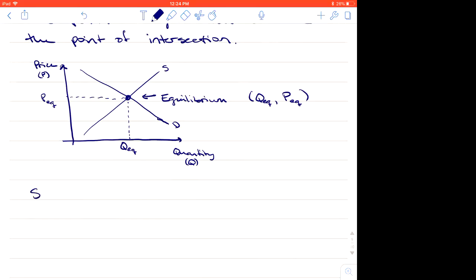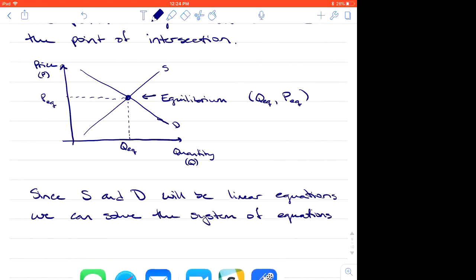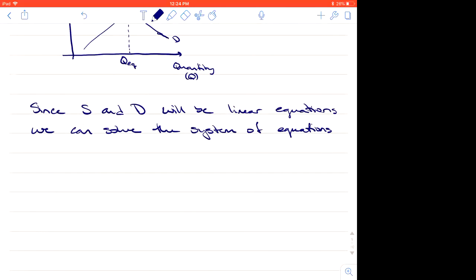So since S and D, the supply and demand curves, will be linear equations, we can solve the system of equations to find the point of equilibrium.